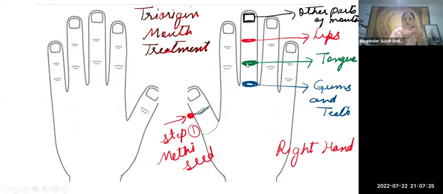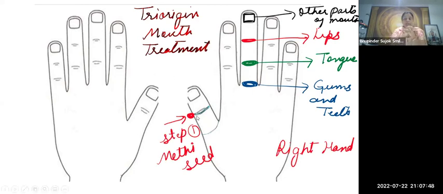If you see some chronic, very old disease, then we invite red color. In chronic cases, we invite red color. In very acute cases, we invite blue color. Or you put 4 seeds in 4 directions, like this.